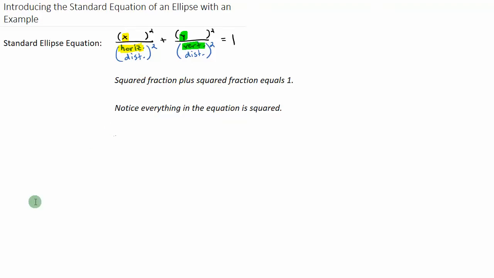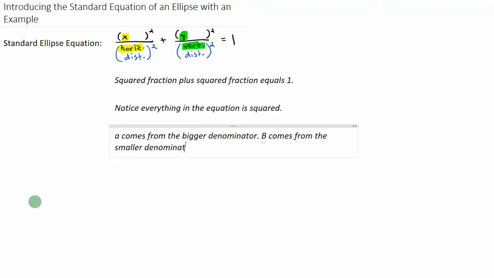The a comes from the bigger denominator, because remember a is the bigger number. B comes from the smaller denominator, and you could then use your a and b that you've determined to calculate c.